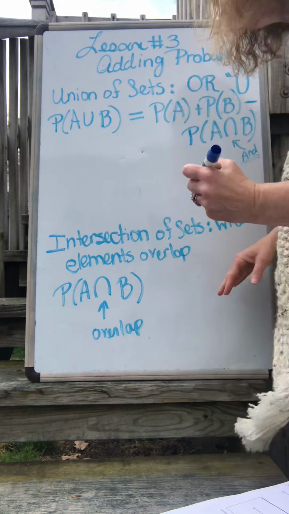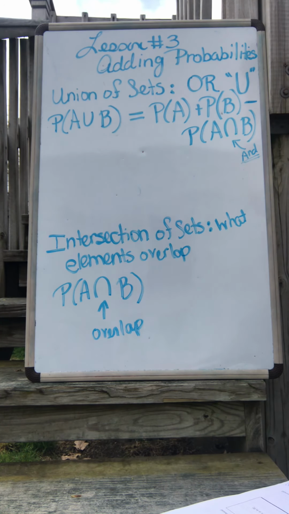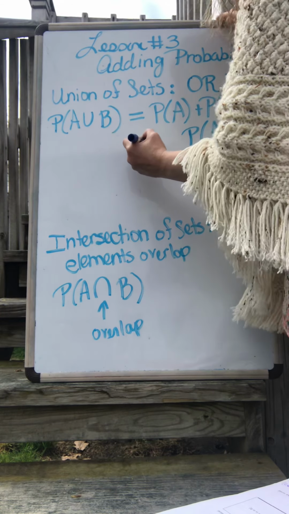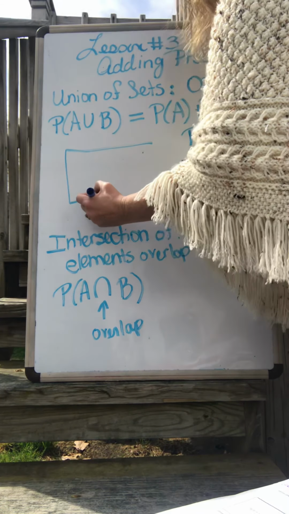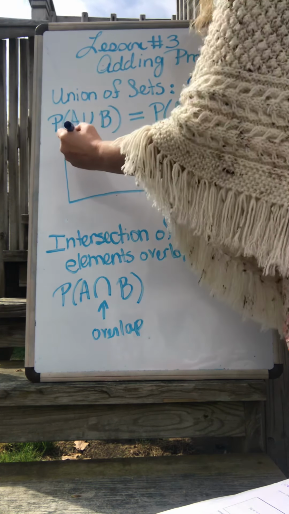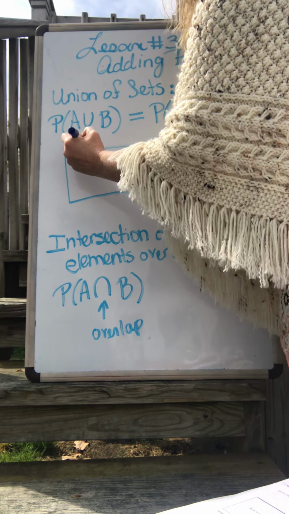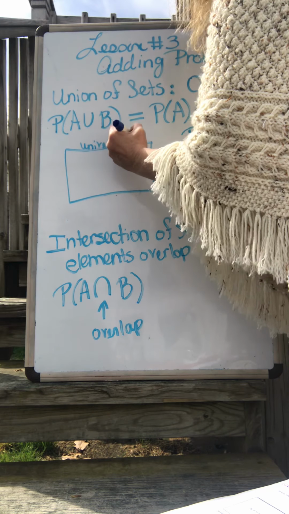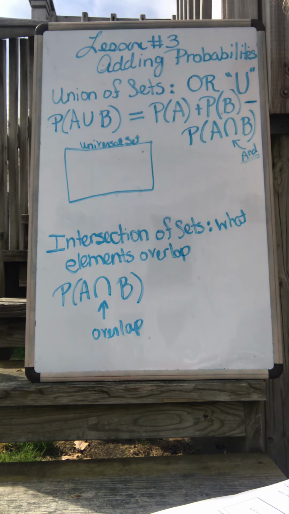Now, if we think about a Venn diagram, and we're going to spend a lot of time on Venn diagrams today, let's just now tie this into a Venn diagram so you can see what I'm talking about. Here is the overall universal set. This is the entire set of everything we're talking about.